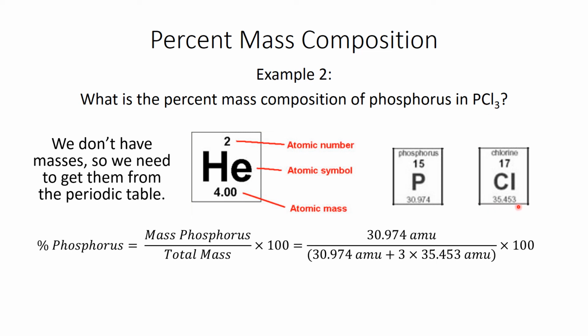So this is the mass of 1 atom, and since we have 3 atoms in our compound, we have to multiply that number by 3. So you take the 30.974 AMU, which is 1 atom of phosphorus, and then the bottom is the 1 atom of phosphorus plus the 3 atoms of chlorine that it takes to make up this molecule, and then we multiply that by 100%. The AMUs cancel.